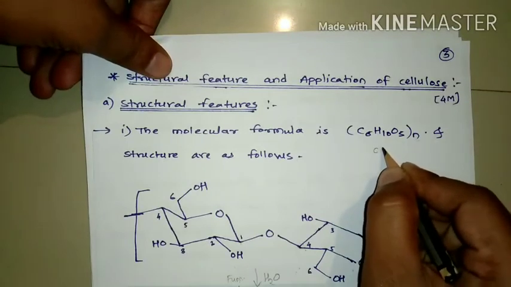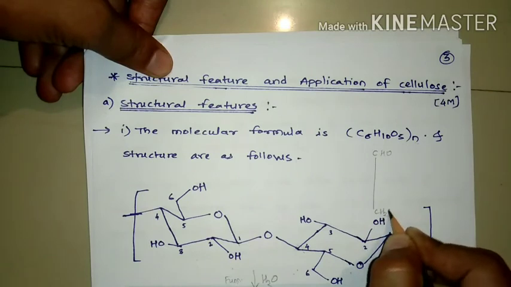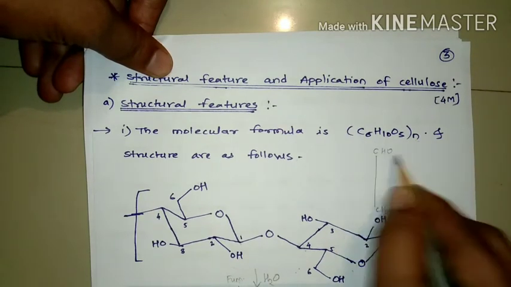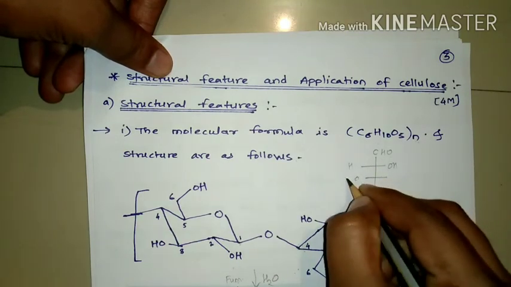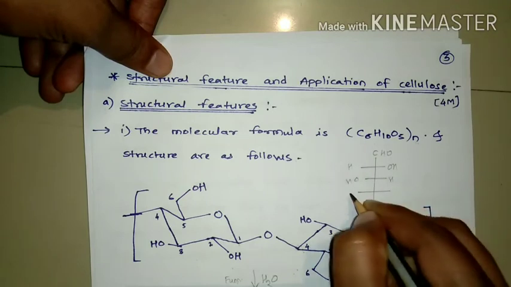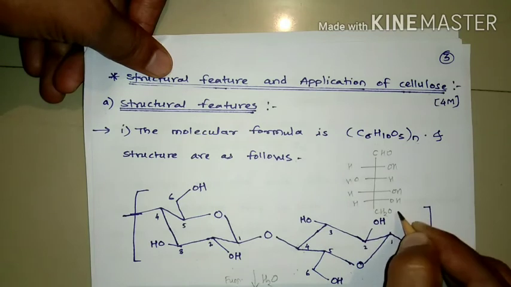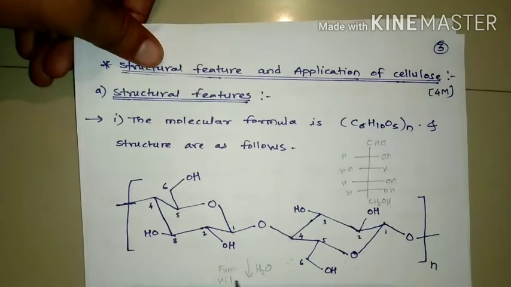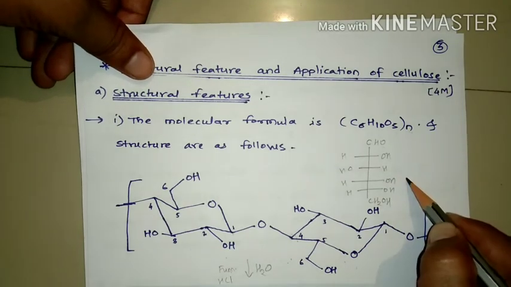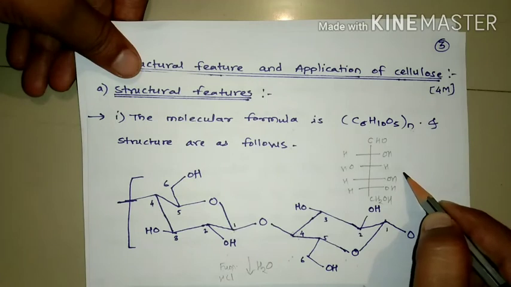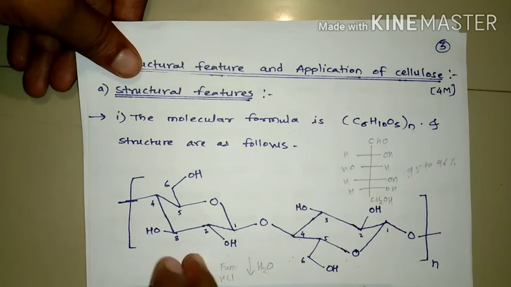The 6-membered ring containing, at the first position a CHO group, second position H-OH, third position OH-H, fourth position H-OH, fifth position H-OH, and sixth position a CH2OH group. After addition of water and fuming HCl, it gives D-glucose in 95 to 96% yield from cellulose.